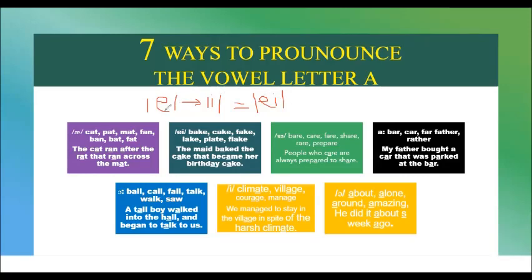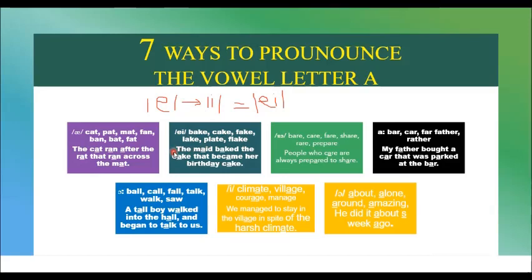To articulate the sound, we begin at this vowel quality and we glide towards the vowel quality E, and what we have is A. Okay, so that's the way it is. And then this sound occurs in the following words: bake, cake, fake, lake, plate, flake.